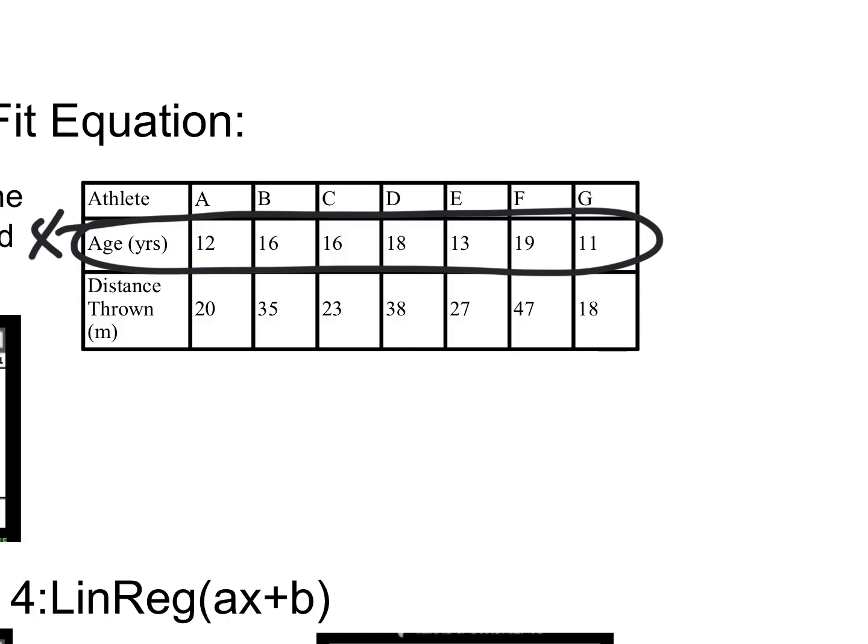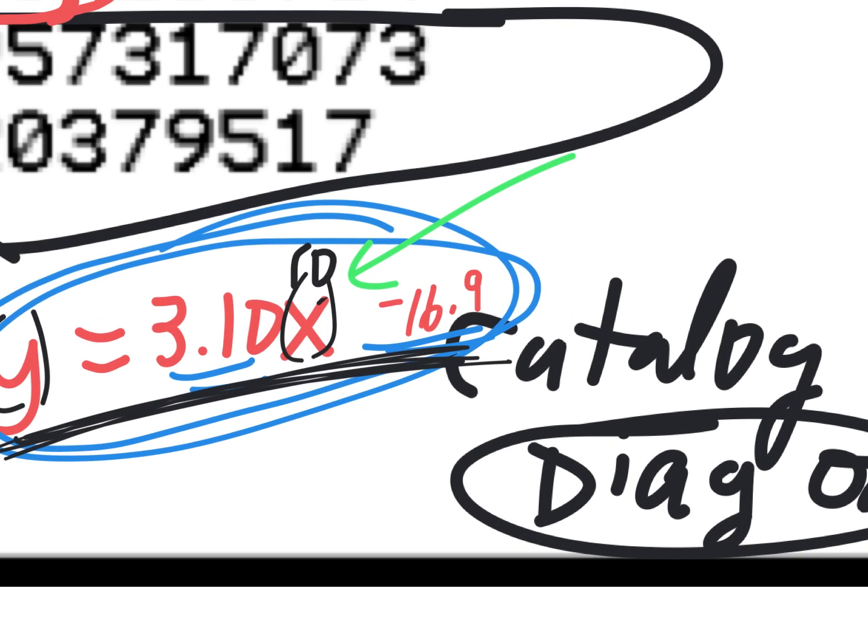So that means if they give me an age, I should put it in for x. See what I mean? They'll give you a number. You're supposed to stick it in. You know that, but you're not sure where to stick it in. That's where the hardest part is. If they tell you age, you'd have to look it up and go, oh, I guess that was my L1. So it was the x. So if my age was 10, I would put it here. And then you could use a calculator to go 3.10 times 10 minus 16.9.